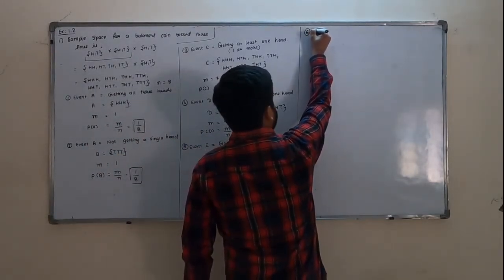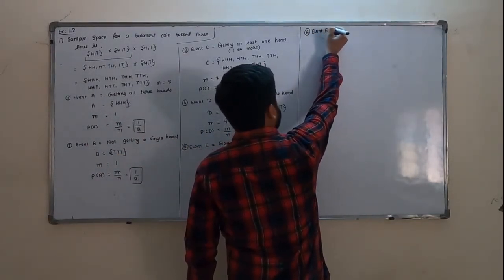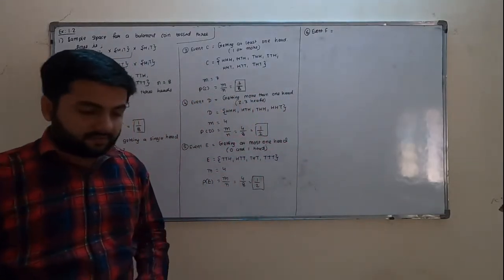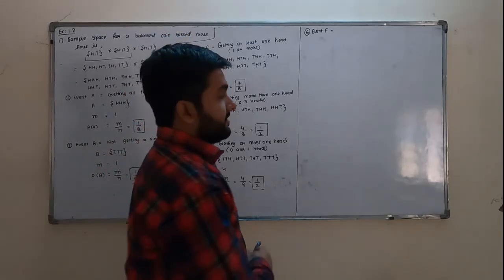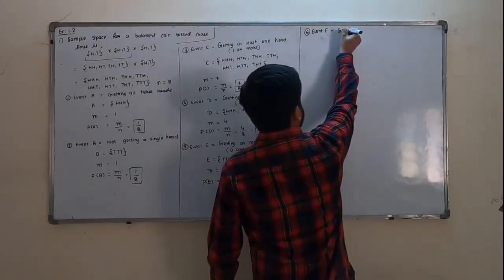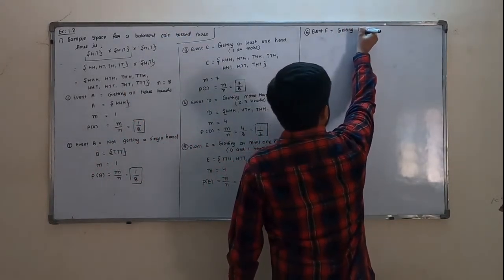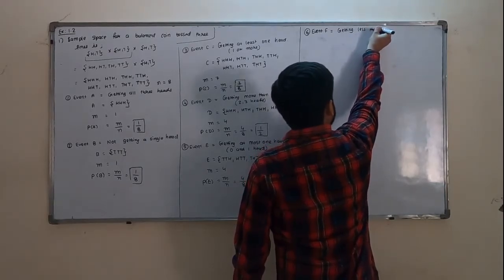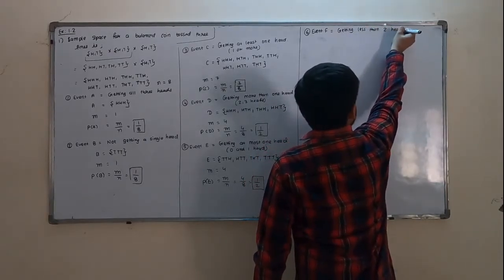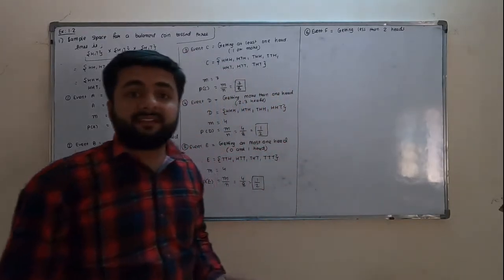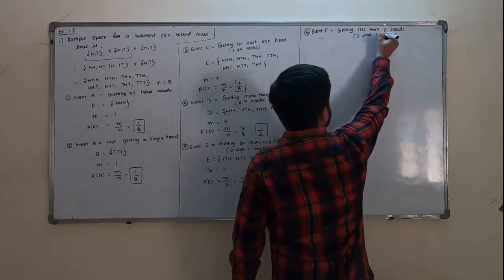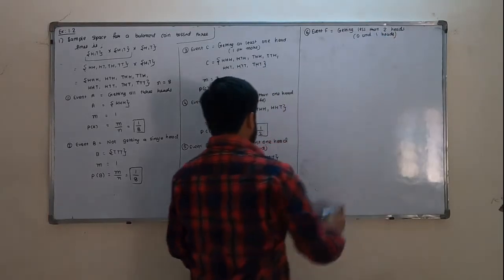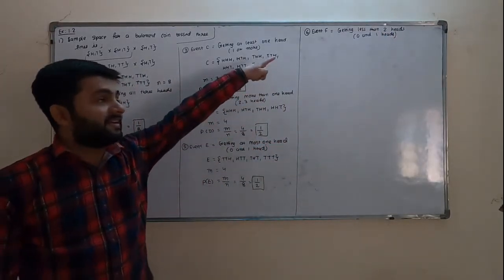Next, number 6, event F. Getting less than 2 heads. Less than 2 means 2 is not okay. So 0 and 1 heads. Now it is the same thing. 0 and 1 head.